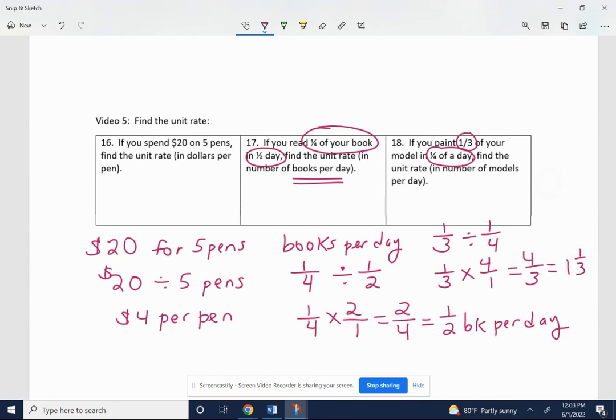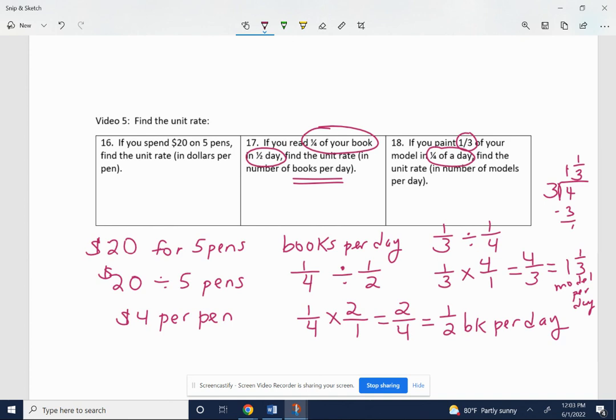Take 4 divided by 3. 3 goes into 4 once, 1/3 left over, 1 1/3. So you could say you're painting 1 1/3 of your model per day, 1 1/3 of your model every day.